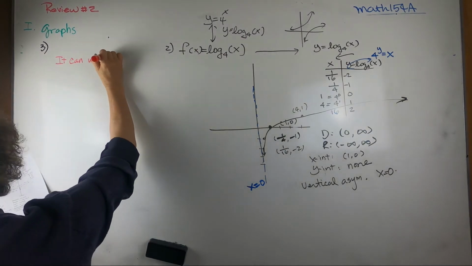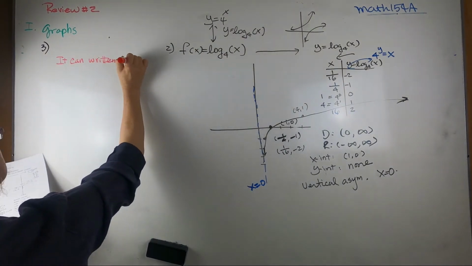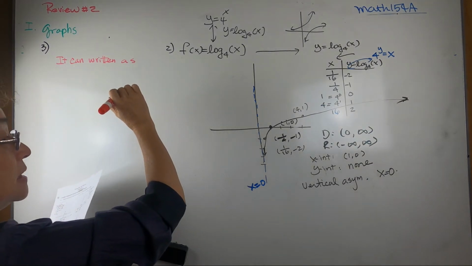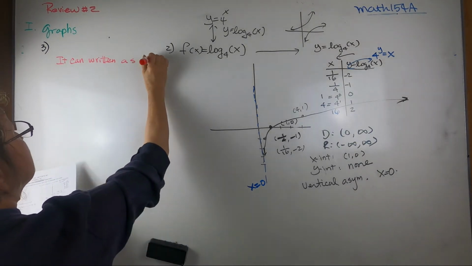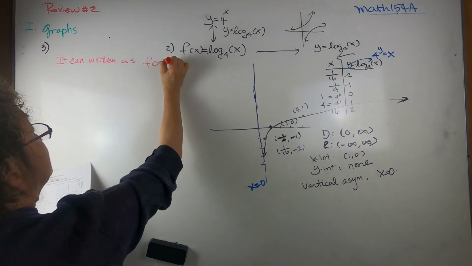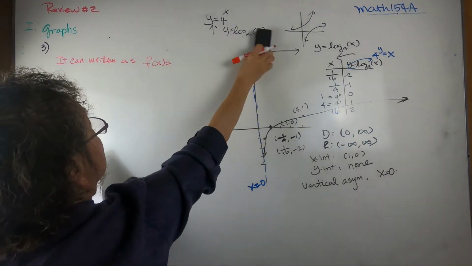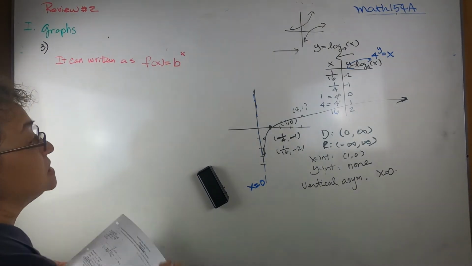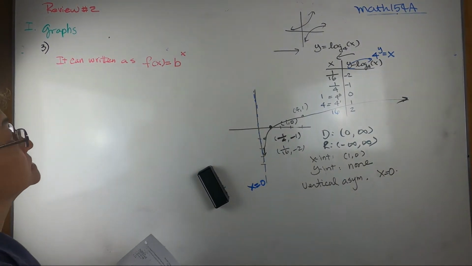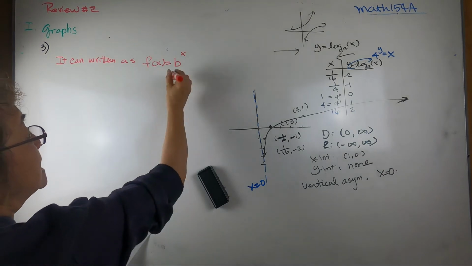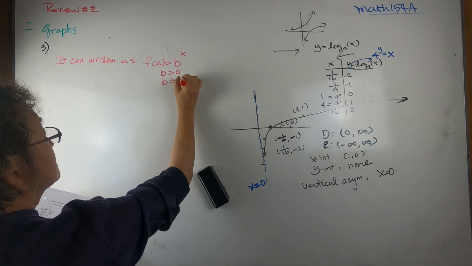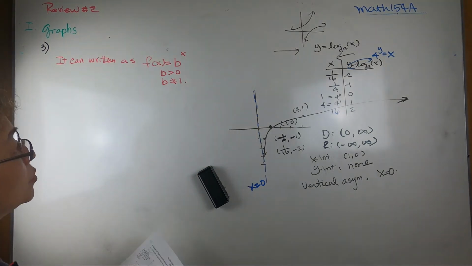It can be written as f(x) equals a base with the exponent, right? Then you need to talk about the restriction: b is bigger than 0, and we don't use 1.